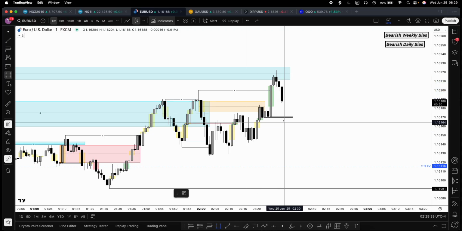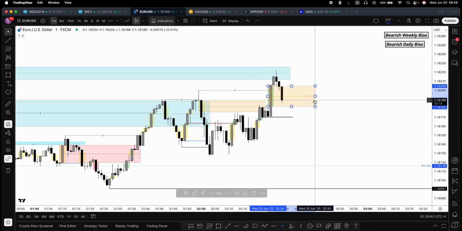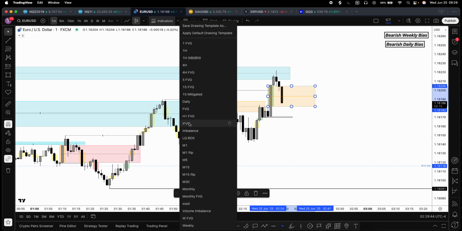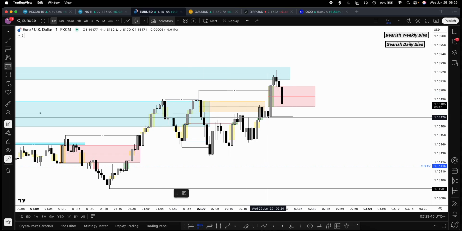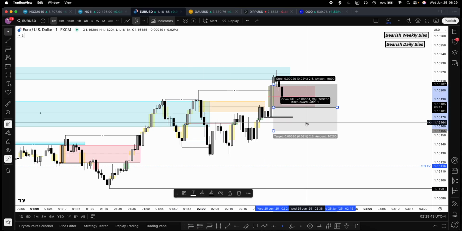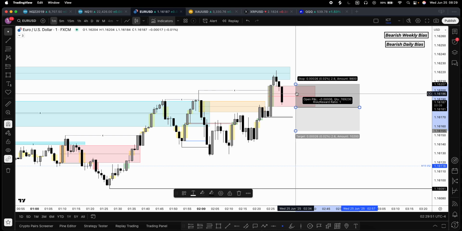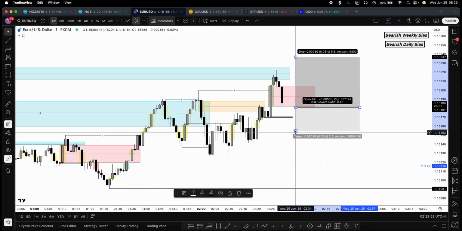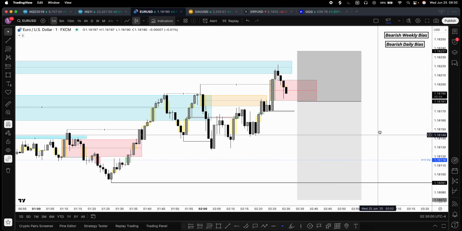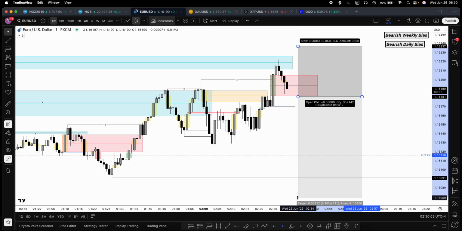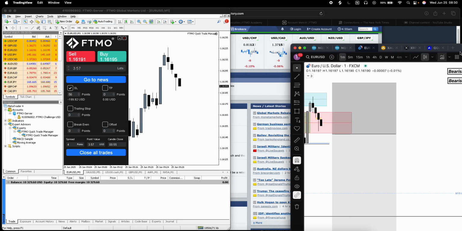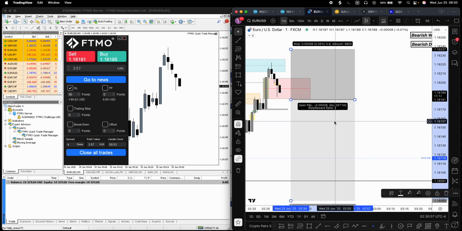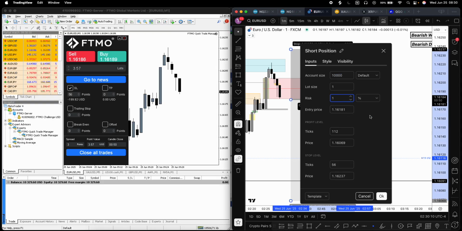So this would likely be our entry. So we'll set that up in the meanwhile. Take risk back down to 1%.